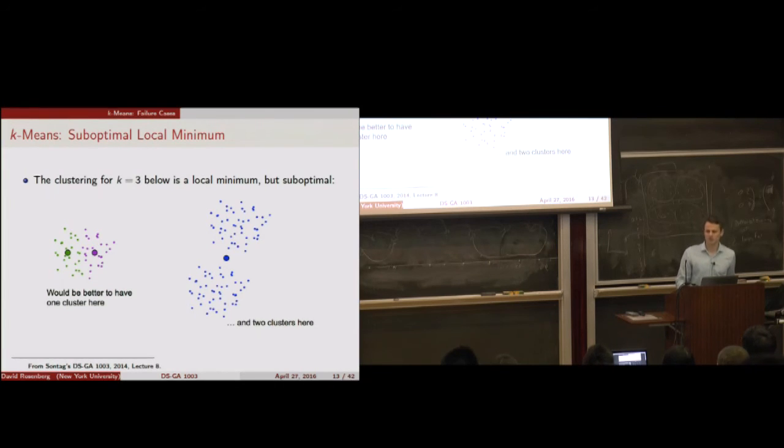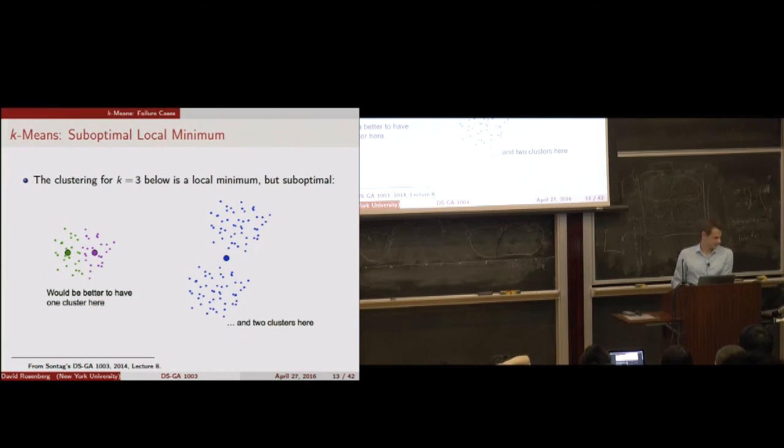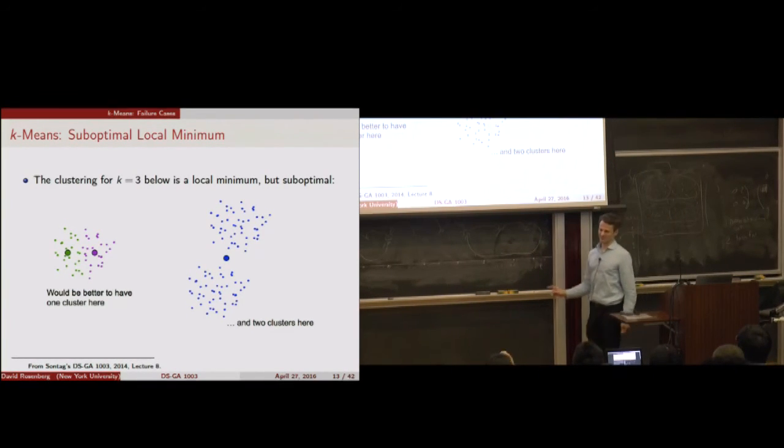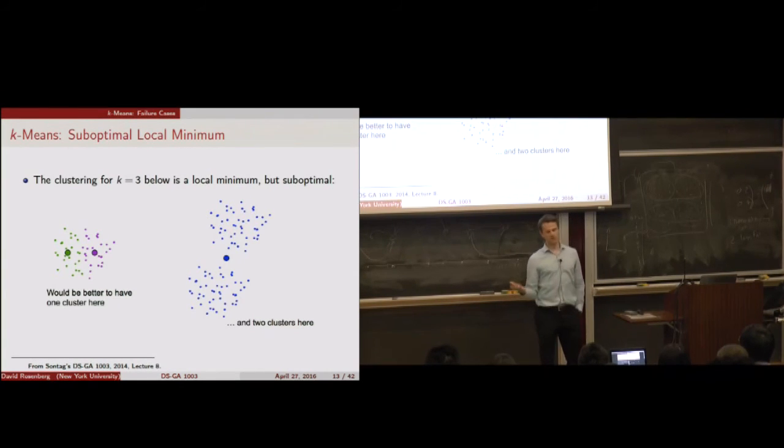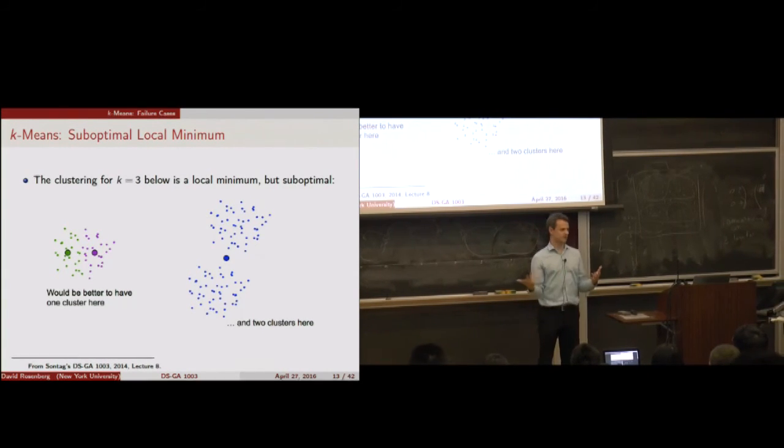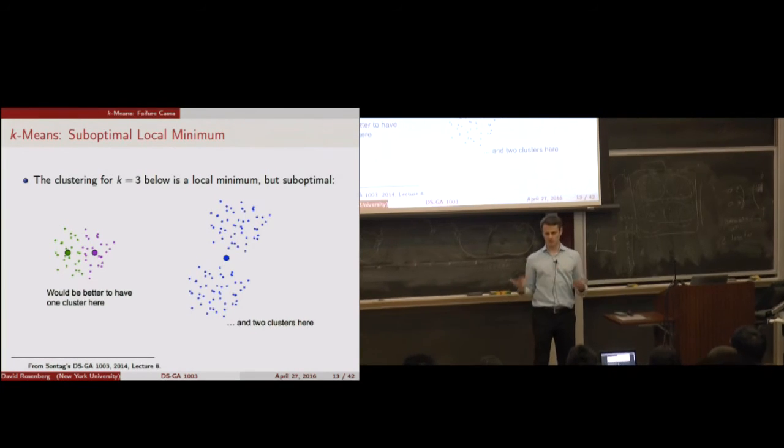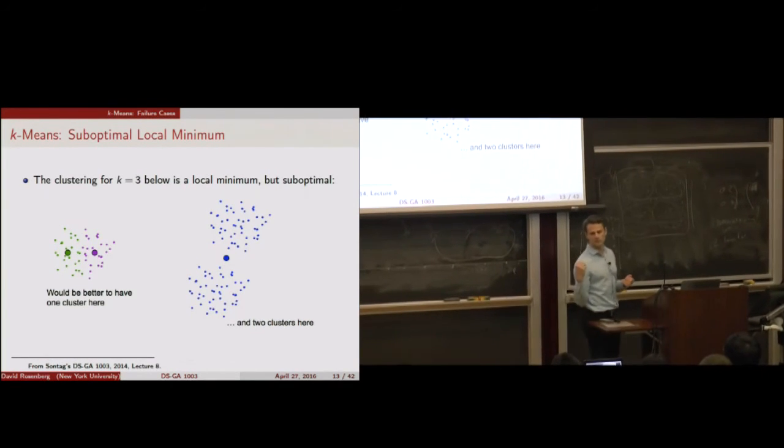The best you can do is restart at different initialization points. But now the loss function helps, because we don't know if it's suboptimal, but we can at least detect if we're doing better or worse with the same number of clusters on the same data, because we have a measure of the performance.